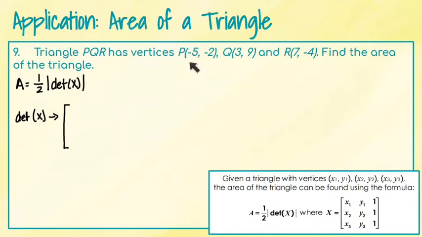And we're going to take all the x values, so -5, 3, and 7. Then we're going to have all our y values in the same order, like we need to keep the pairs together. So -2, 9, -4, and the last column is all ones. Now to find the determinant of a 3 by 3 matrix, we need to copy the first 2 columns again.